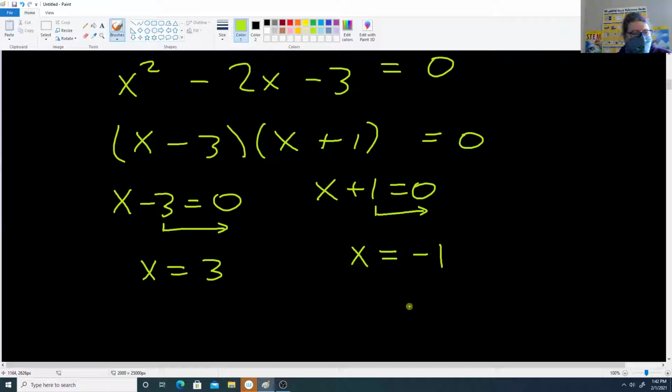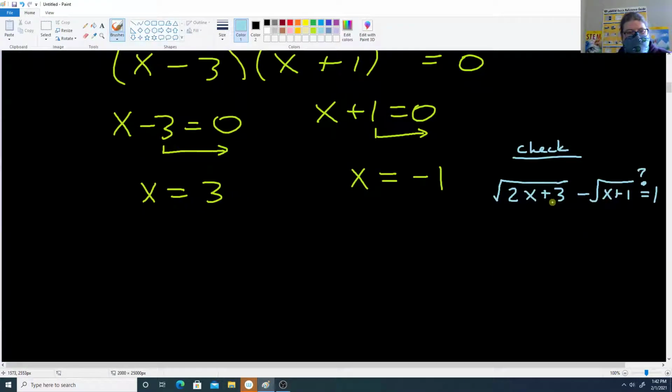And at this point I have to check my solutions and make sure that they work. So I go to the original equation, which is this. I have to check if I replace the x's in the original equation, does it give us 1 back?